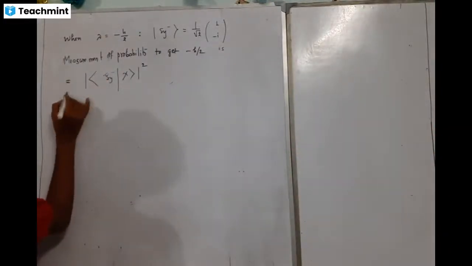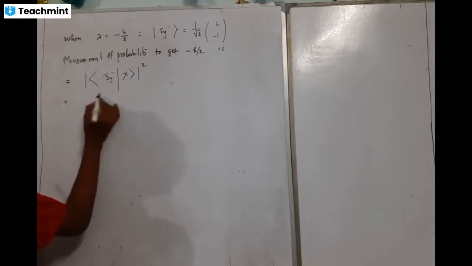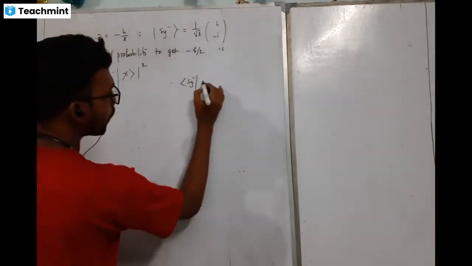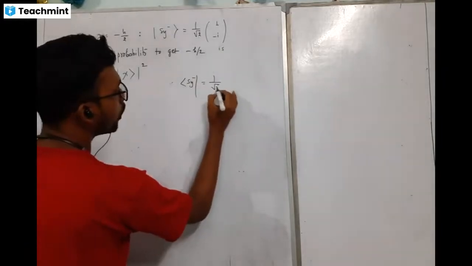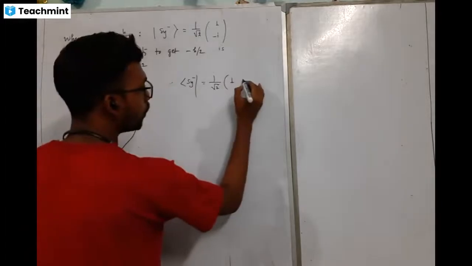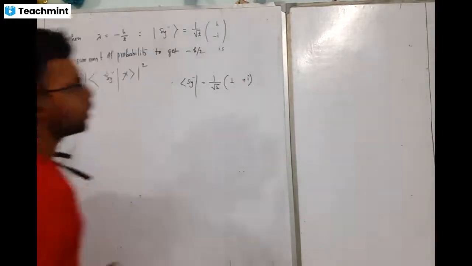So it is equal to, basically, we know the bra Sy minus is the complex conjugate of the given ket, which is 1 plus i.